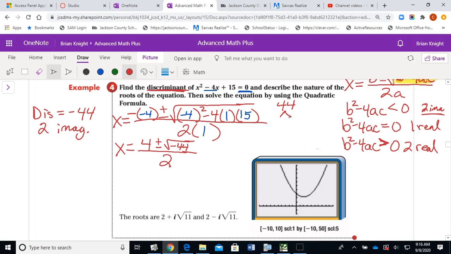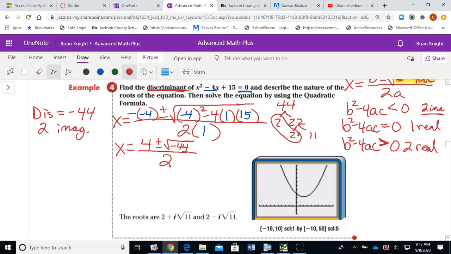To simplify your radical, you make what's called a factor tree. Okay? If it's an even number, I always start with, what do you think? 2. So 2 times 22. I can continue. 2 and 11. Can I continue? No.